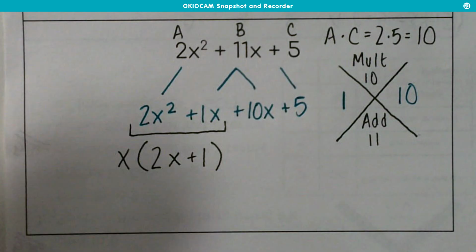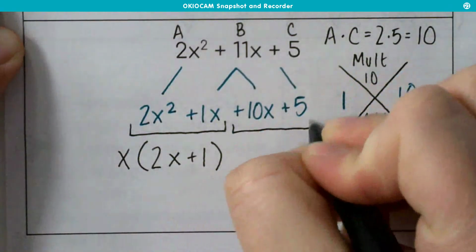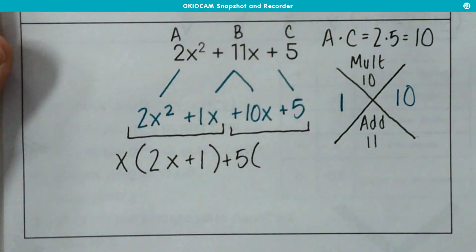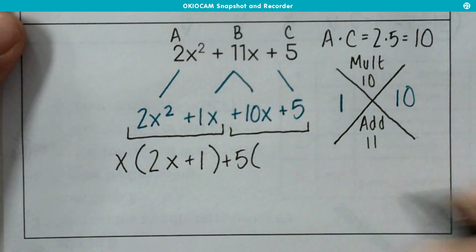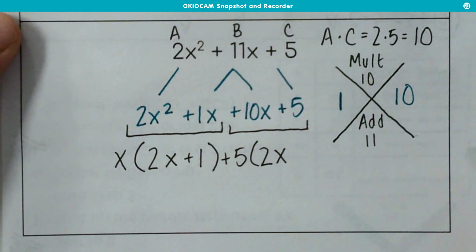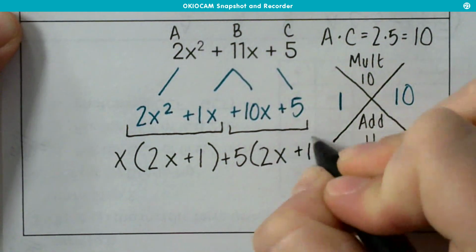Out of 10 and 5, we can divide both of those by 5. 10 divided by 5 is 2. And I still have my x. And then 5 divided by 5 is 1.